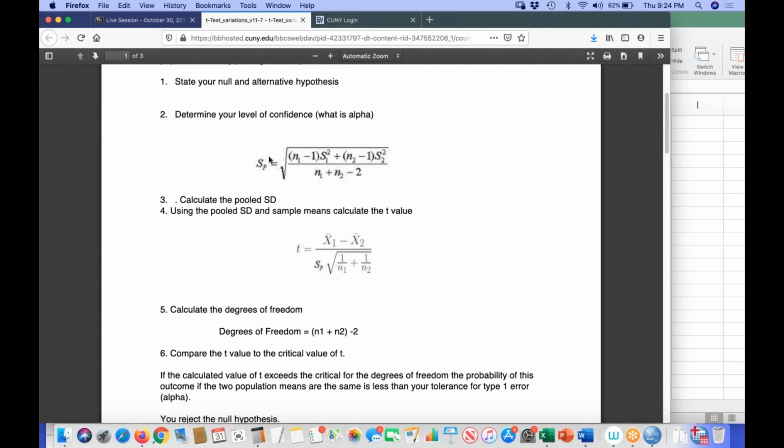I do this up here. Sp is equal to the square root of (n1 minus 1) times the standard deviation of group 1 squared, plus (n2 minus 1) times the standard deviation of group 2 squared, over n1 plus n2 minus 2, which is 9 plus 9 minus 2.